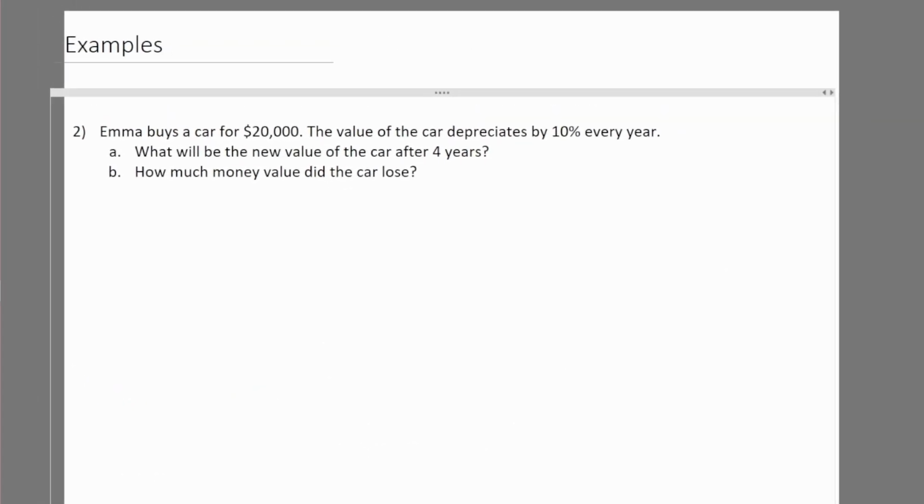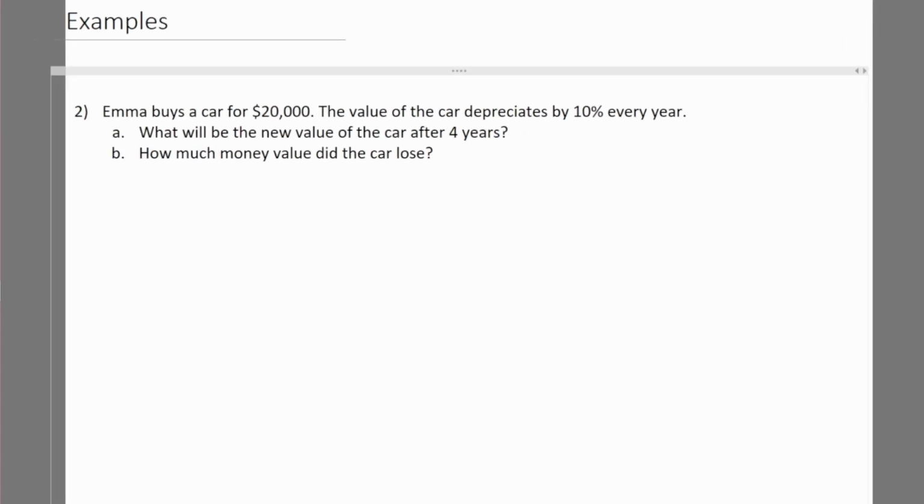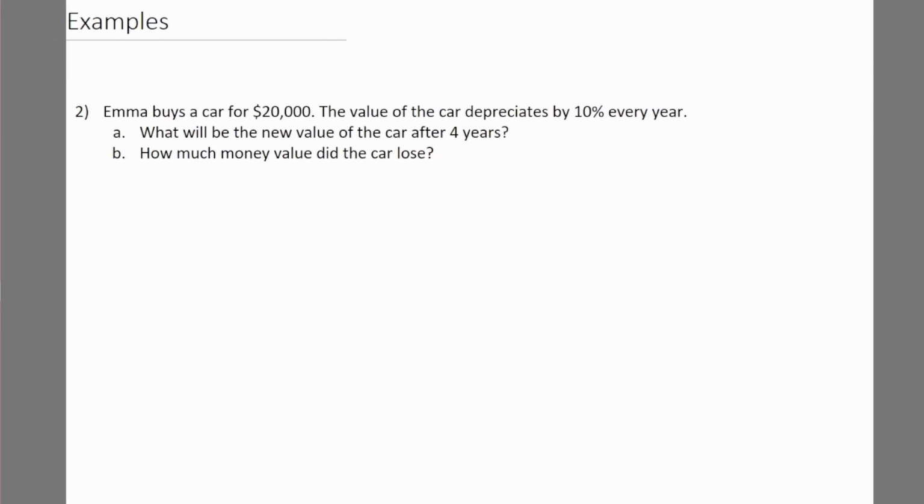Now, let's take a look here. Emma buys a car for $20,000. The value of the car depreciates by 10% every year. What will be the new value of the car after 4 years?